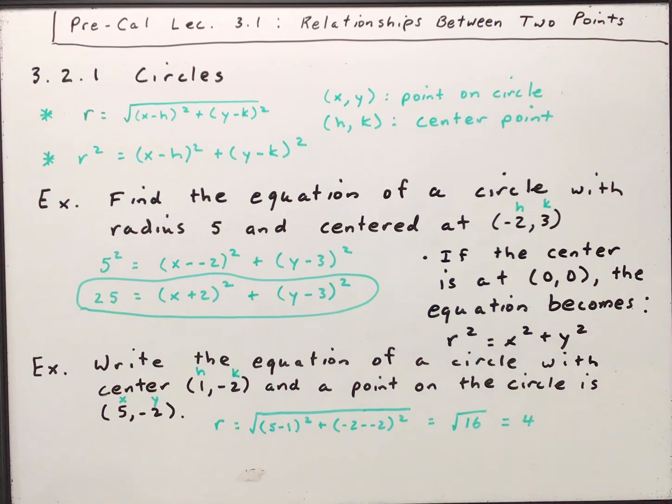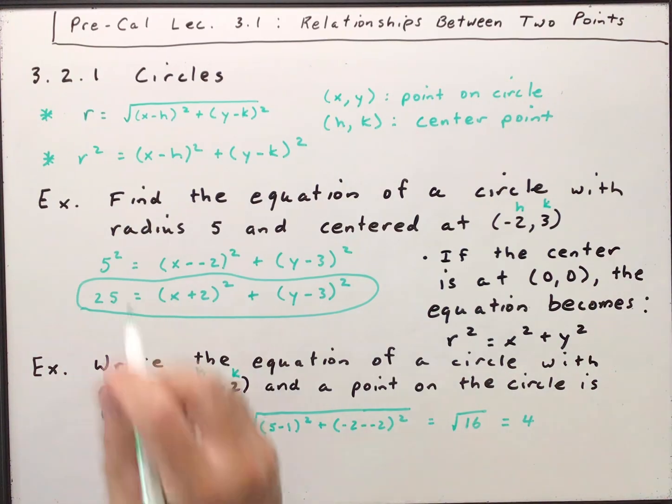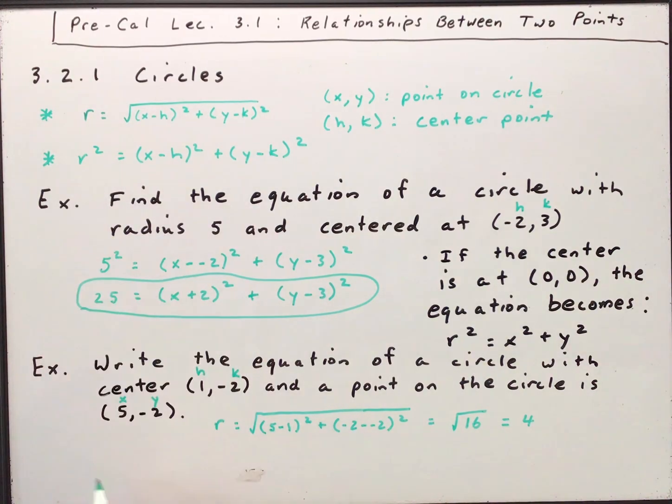So now we can write the standard equation for the circle. That's going to be right here. Plug it in. R squared, so 4 squared is equal to x minus h, x minus 1 all squared plus y minus k, minus negative 2 all squared. So let's clean that up a little bit.